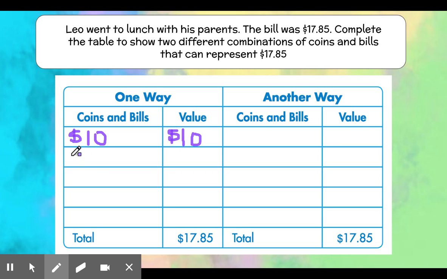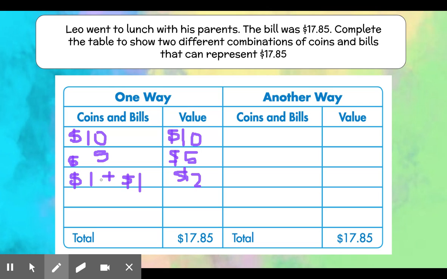And then I can use a $5 bill, which is worth $5. So that's $15. And then I can use a $1 bill plus a $1 bill, which is $2. So I'm using one $10 bill, one $5 bill, and two $1 bills. That gets me to $17.